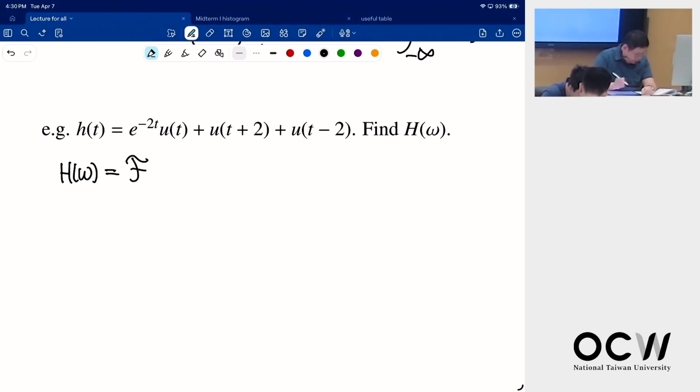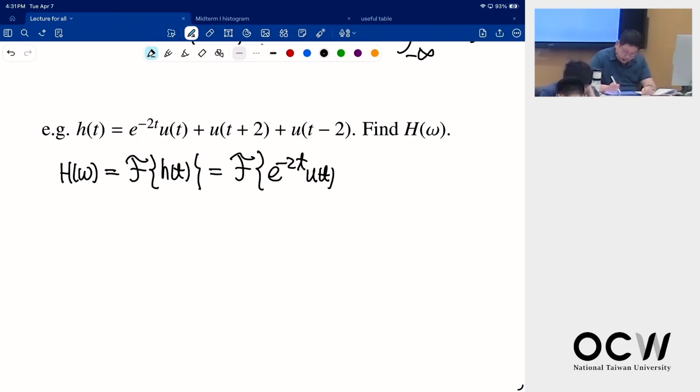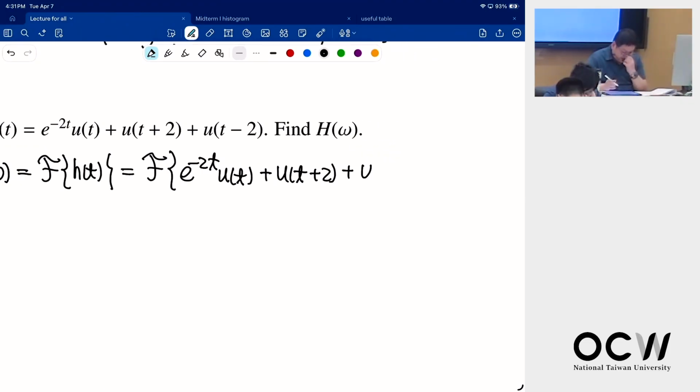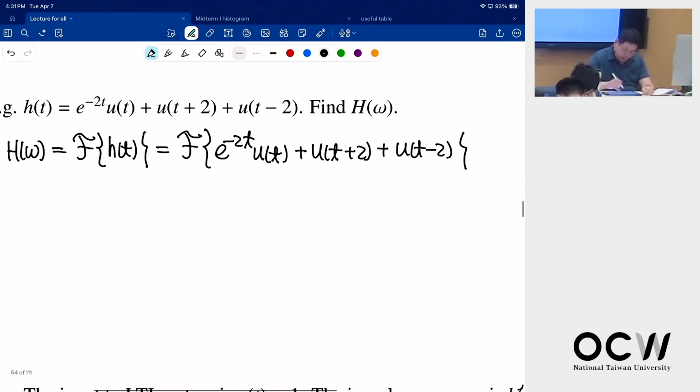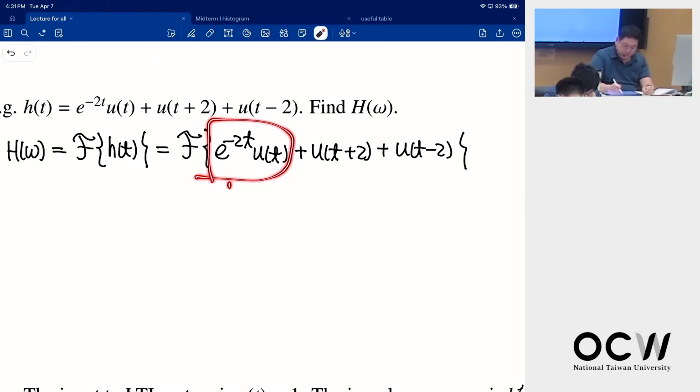So for the Fourier transform, the first one, e to the 2t unit step function, and we have time shift and also time shift. First, what do we do with the first term?